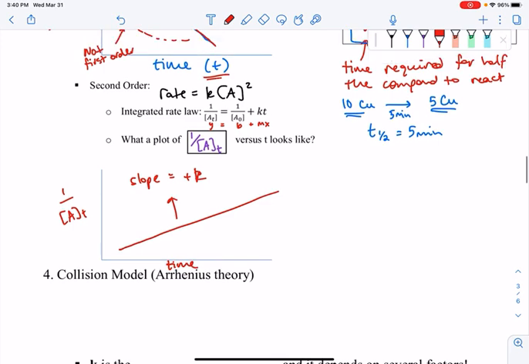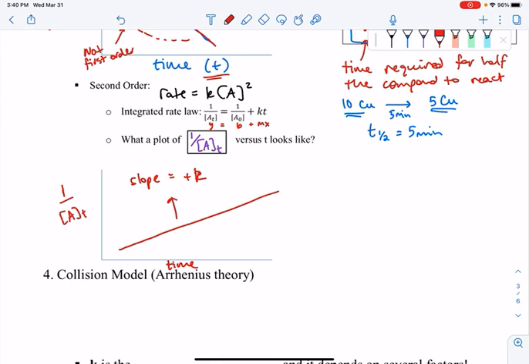What this means, as in the zero and first order, is that if you have some concentrations of A, and you divide 1 by all of them, you'll have a new set of data. If you plot that by time, and you happen to get a straight line, what that implies is that that reaction is second order.